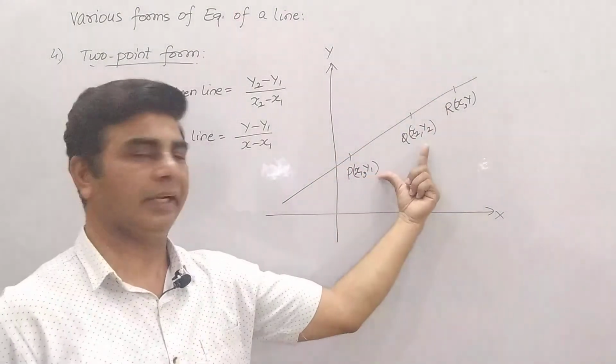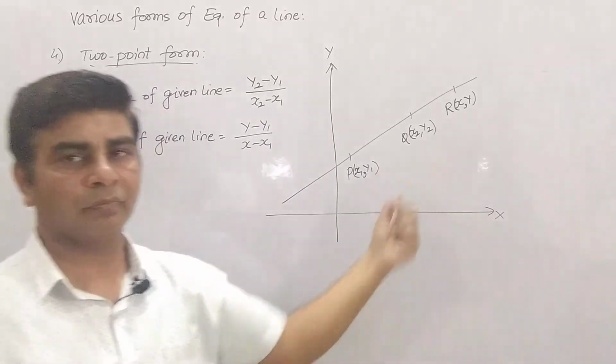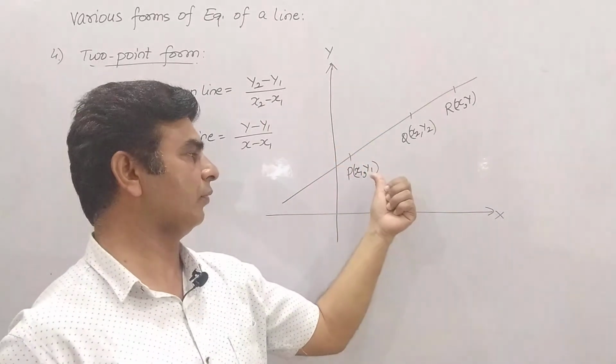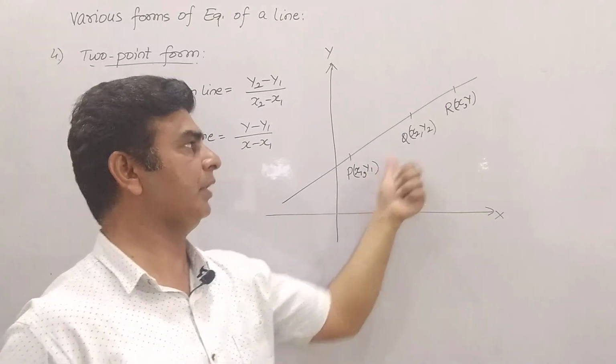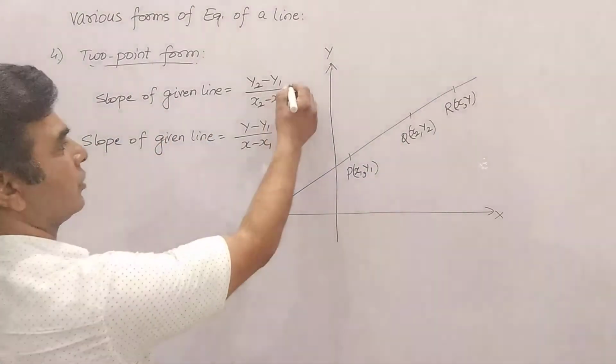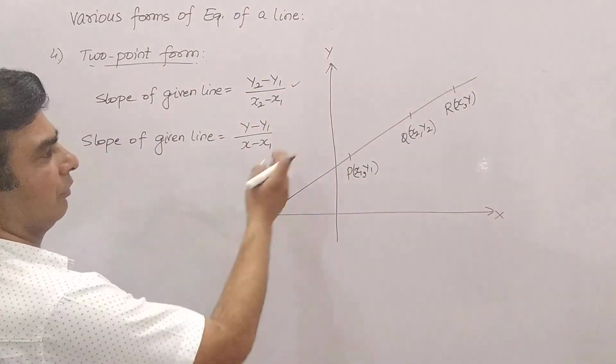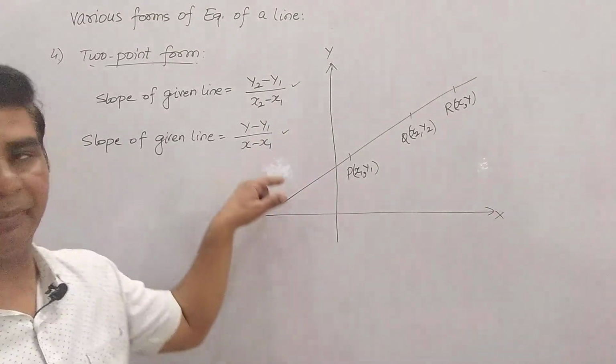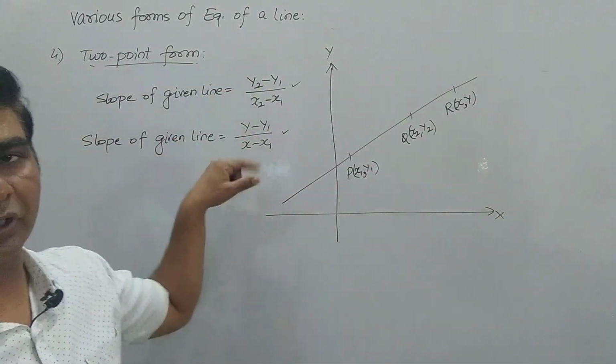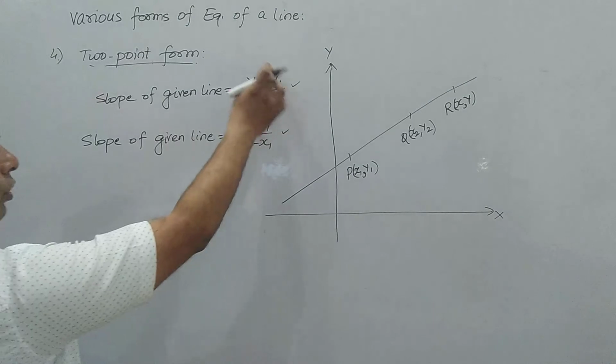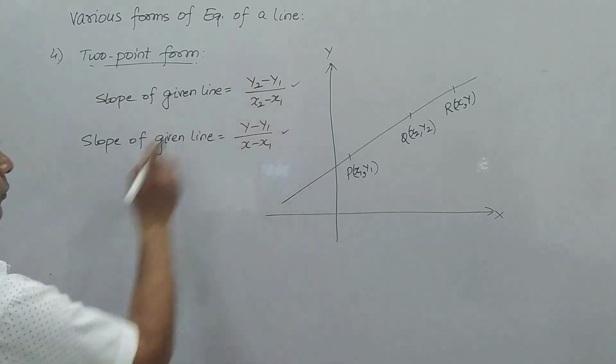First of all, we find the slope of the line through PQ. Then we find the slope of the line using the points P and R, and this is the slope of the same line. So they will be put equal to each other because both slopes are of the same line.